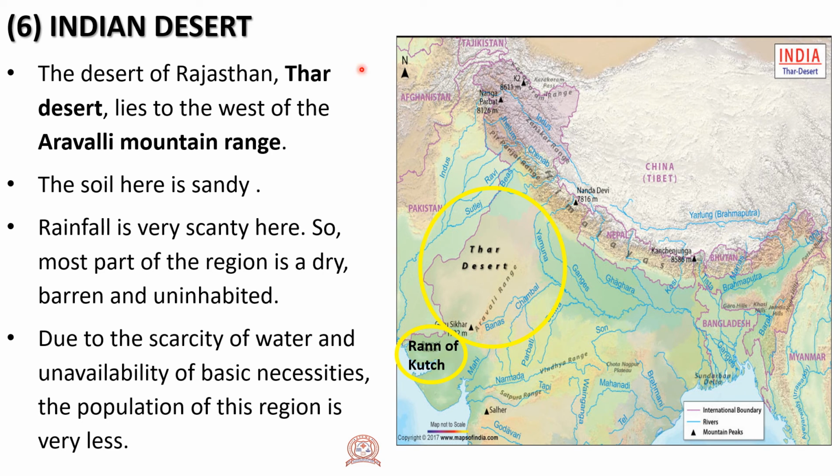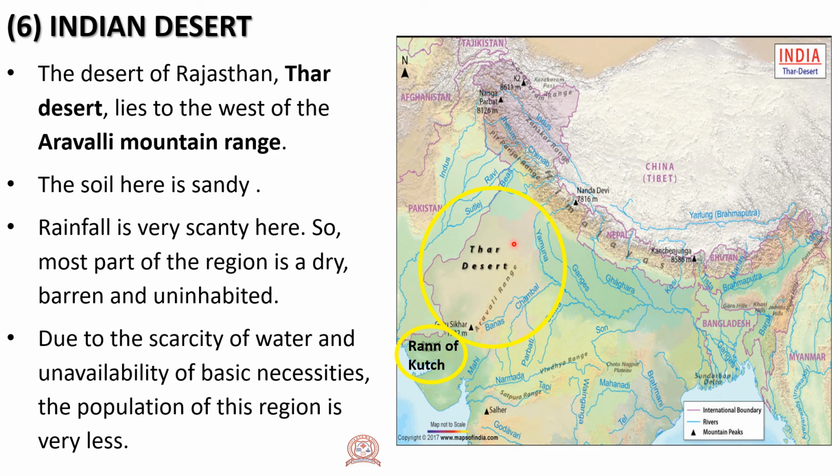Last one, Indian desert. The desert of Rajasthan, that is Thar Desert, lies to the west of the Aravalli Range. The soil in the Thar Desert is sandy. Rainfall is very scanty here. Scanty means very little.